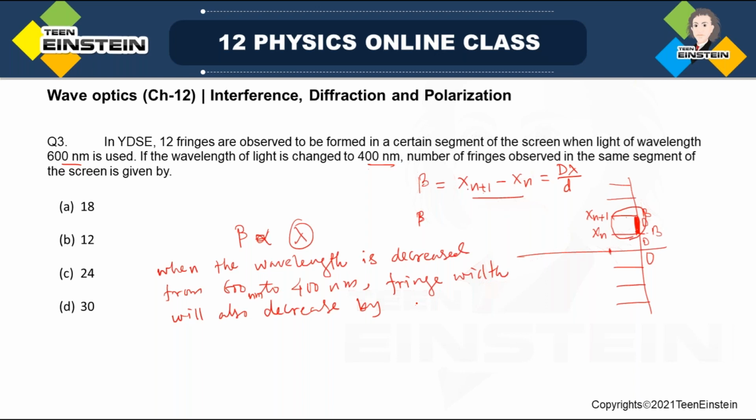What is the factor? The factor is 400 by 600, that means 2 by 3.